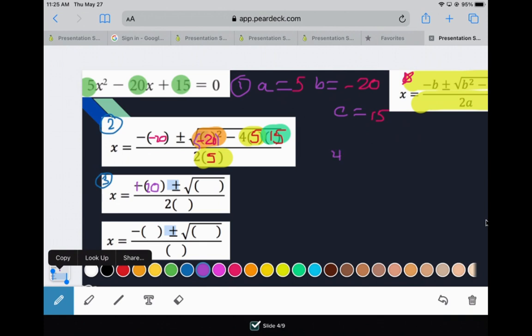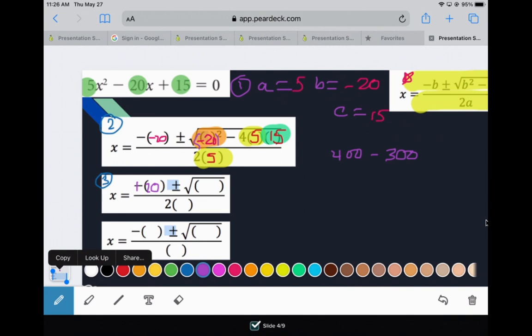This is going to give you 400 minus, let's multiply, 4 times 5 times 15. This gives you 300. So 400 minus 300. Why did it become positive 20? Because if you look at step number 2, there's always a negative B, and the B value given to you is a negative. So double negative, negative and negative will cancel out. So that turns into positive.